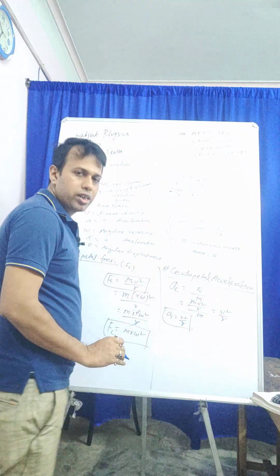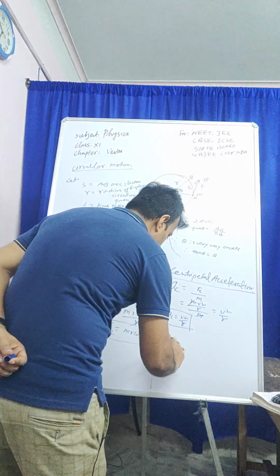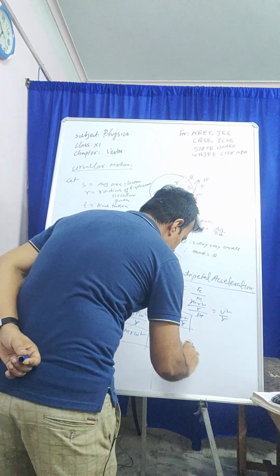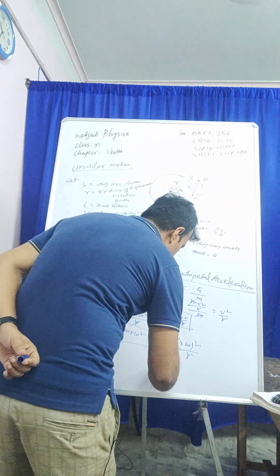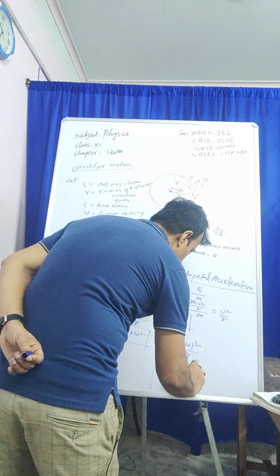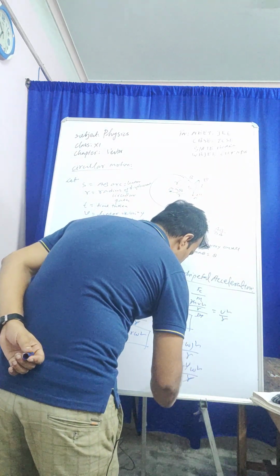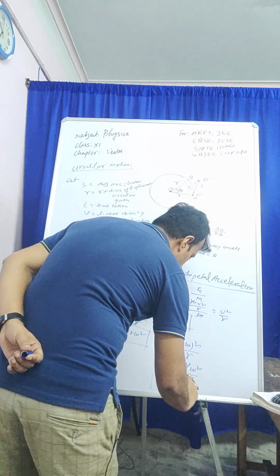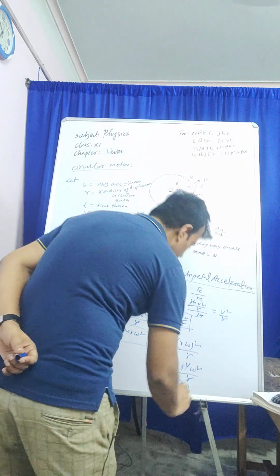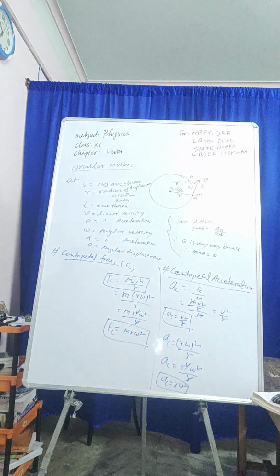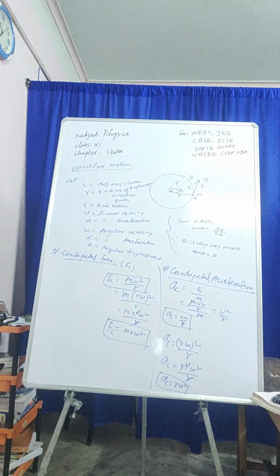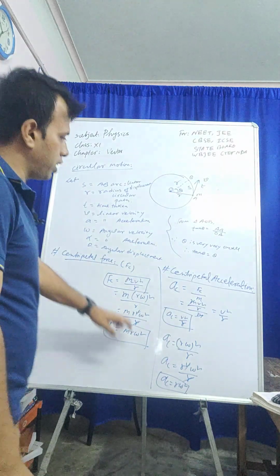Since v is r omega, ac will be r square omega square by r. So r is cancelled, and ac will be r omega square. So these are the centripetal force and centripetal acceleration.